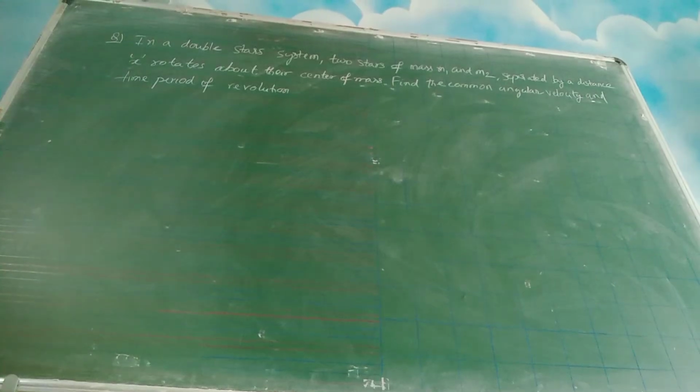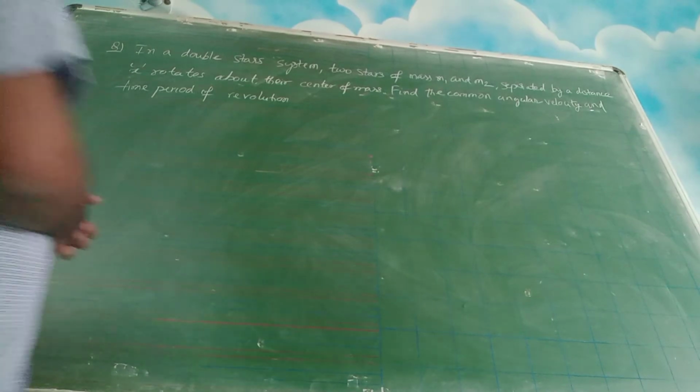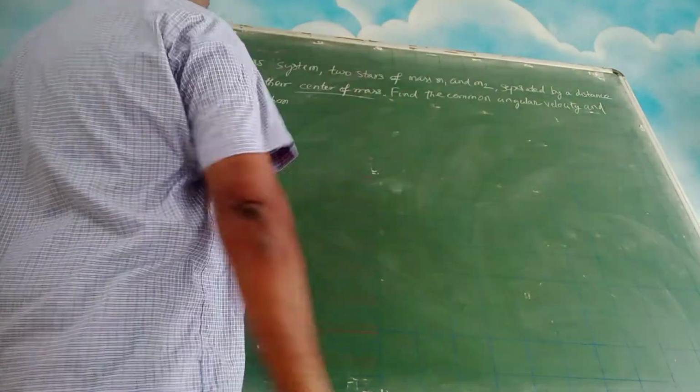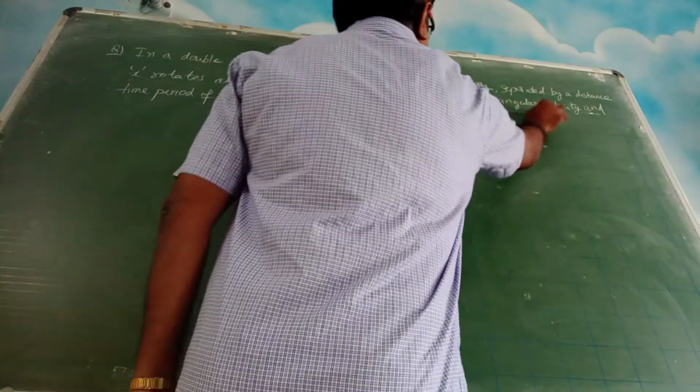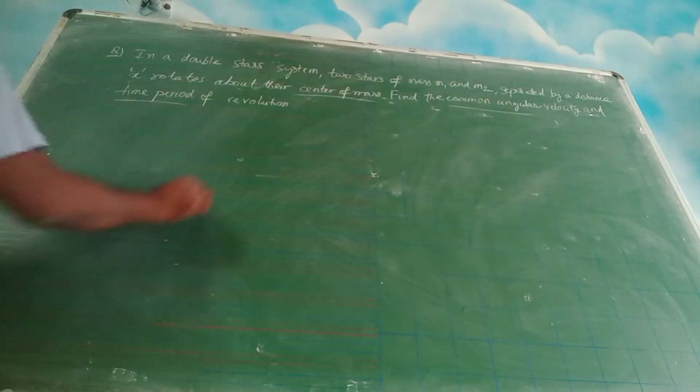Now let us see the next question. In a double star system, the two stars of masses m1 and m2 separated by a distance x rotate about their center of mass. Find the common angular velocity and time period of revolution.